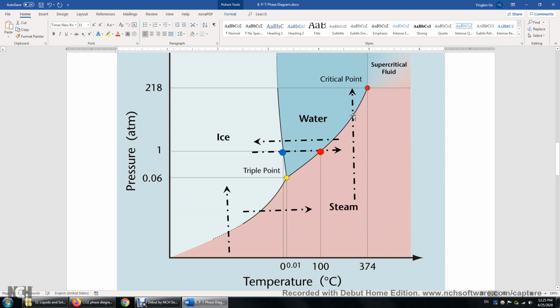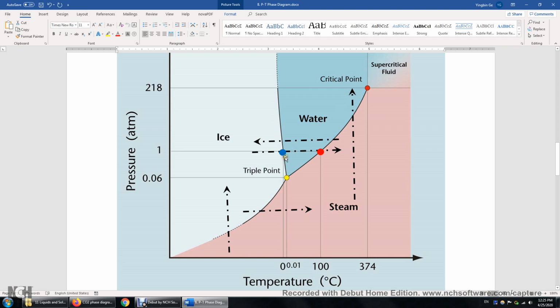But when pressure increases to 200 atm, you can see now this water exists in the liquid phase. So even at very high temperature like 300 degrees Celsius, it's possible for water to stay in the liquid phase as long as the pressure is high enough. For example, 200 atm pressure.